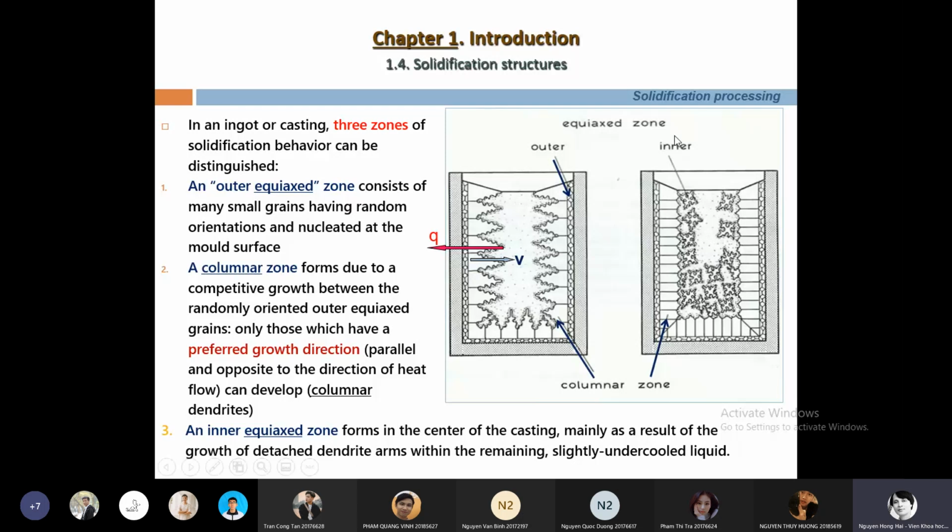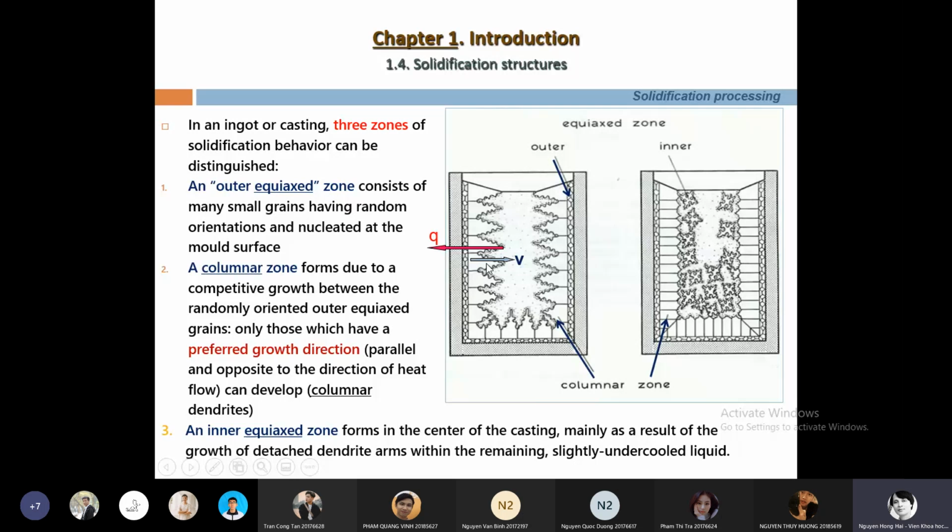So we have the three zones of the solidification structure: outer equiaxed, very fine, the columnar zone, and inner equiaxed, much coarser. And why can the columnar zone be formed?